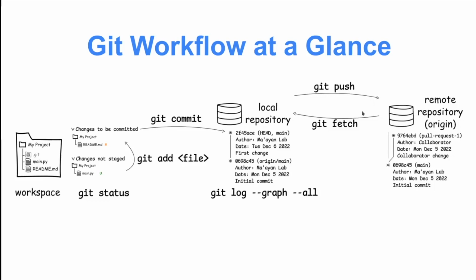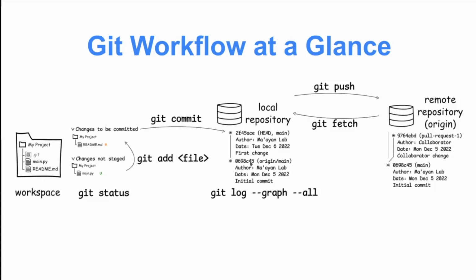And then the way to go backwards. So if someone made changes to your GitHub repository, or you made them from a different computer, you could run this git fetch command to sync the changes in the remote repository to the one on your disk.